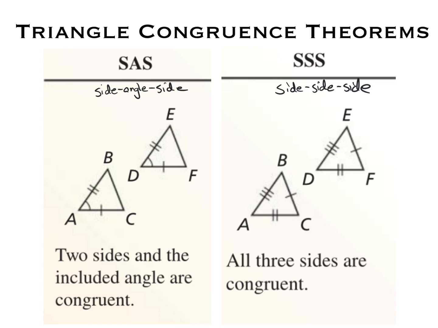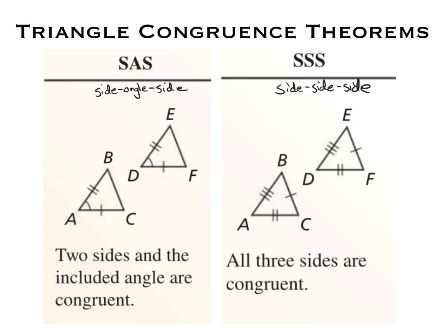All right, and what that means is the side angle side. It means that I have a congruent side right next to a congruent angle, right next to another congruent side. So that's side, angle, side, right next to each other. And if both triangles have that SAS, then those two triangles are congruent with each other.